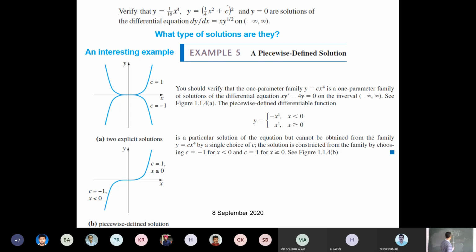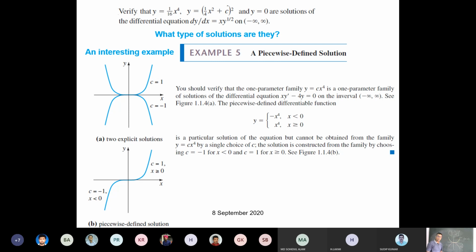Now if c is greater than 0, then I am going to have a curve like this, and if c is less than 0, then I'm going to get a curve like this, right? So you can see that simply by varying this parameter c, I can get solution curves of different types.